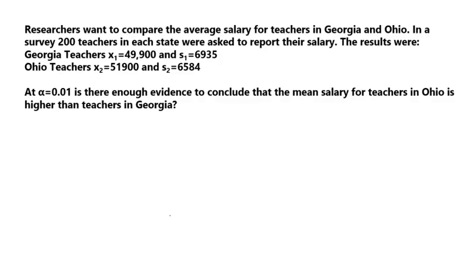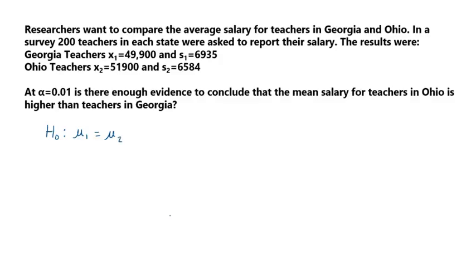All right, so when we write our hypotheses, for our null hypothesis, we are always going to assume that there is no difference. So we're going to assume that the mean for population 1 is equal to the mean for population 2.